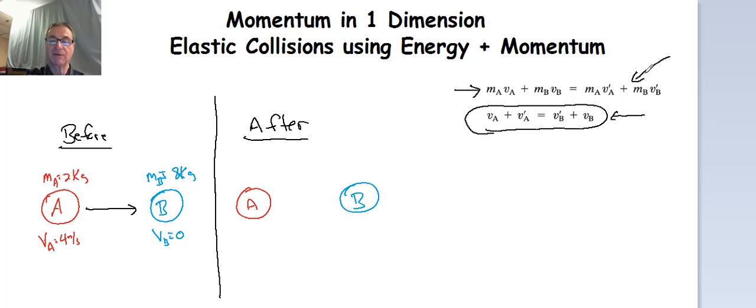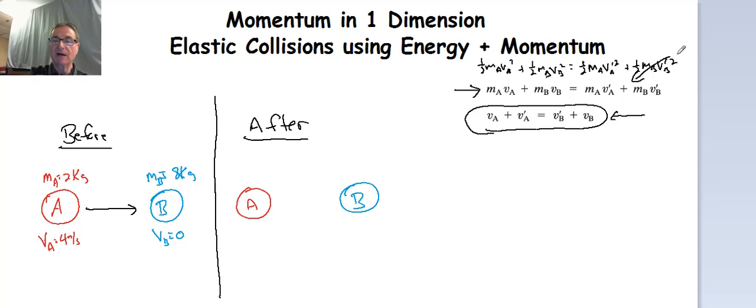And the conservation of energy equation is 1/2 ma va squared plus 1/2 mb vb squared is equal to 1/2 ma va prime squared plus 1/2 mb vb prime squared.